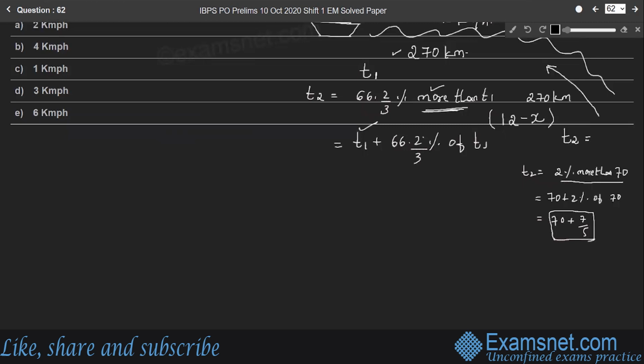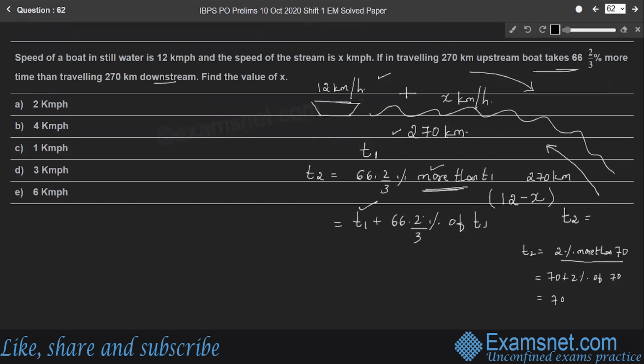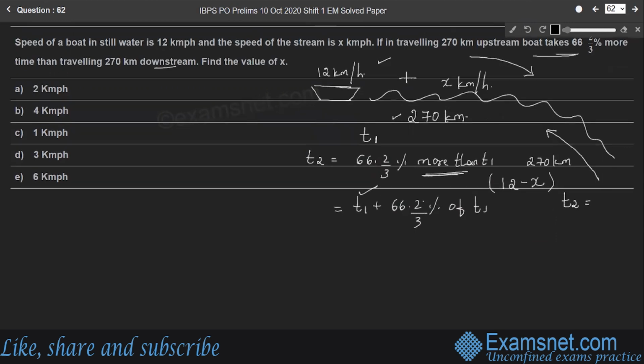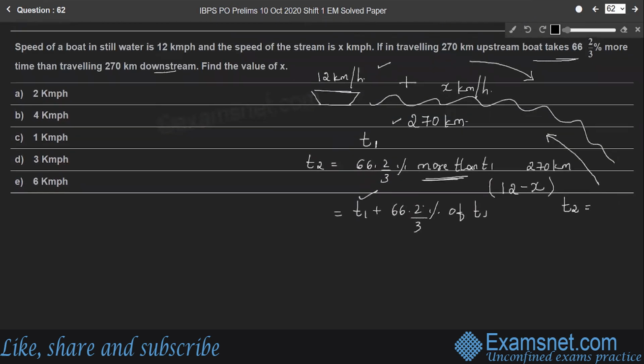Similarly, 66 and 2 by 3% more than T1. Therefore, let us solve this question one by one. In the first case, we'll consider the downstream motion of the boat.